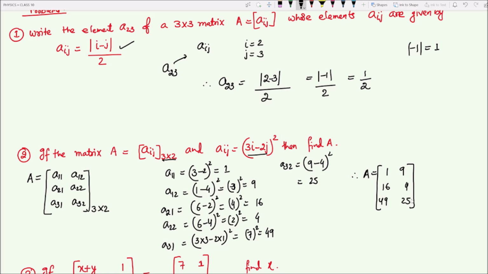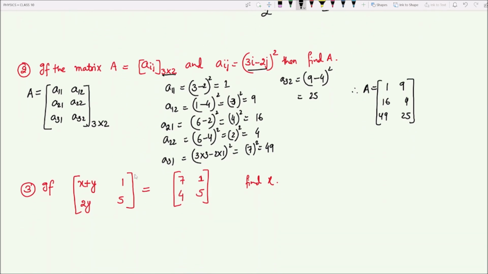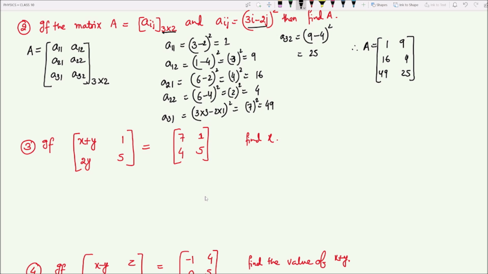Okay, next is based on equality of matrices. If the matrix with entries x plus y, 1, 2y, 5 is equal to the matrix with entries 7, 1, 4, 5, then find x and y. So here two matrices are equal.